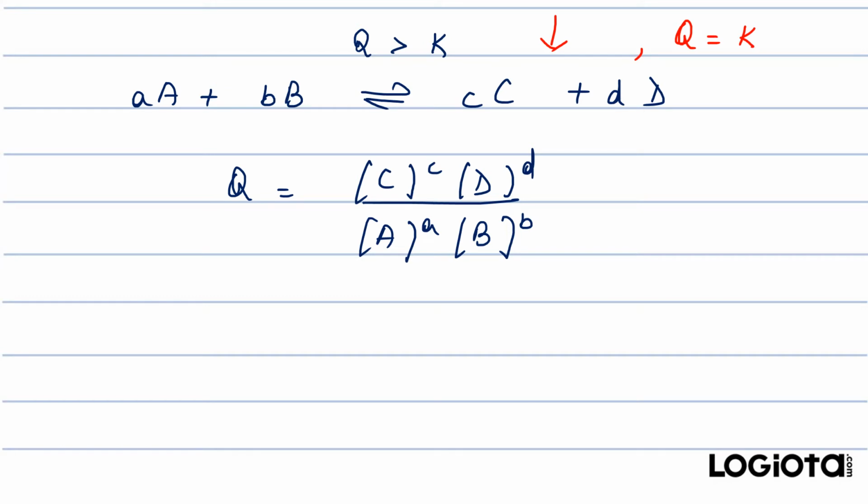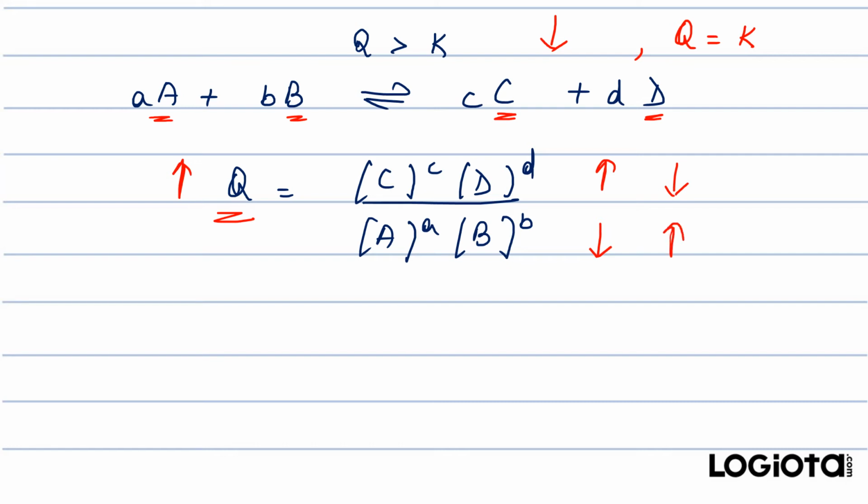Now let's see here. We are saying that Q is greater than K, so it means that the products are greater and the reactants are less. So more of C and D are present and less of A and B are present in the reaction at this instant. Now if Q wants to decrease itself, it has to decrease the numerator and increase the denominator.